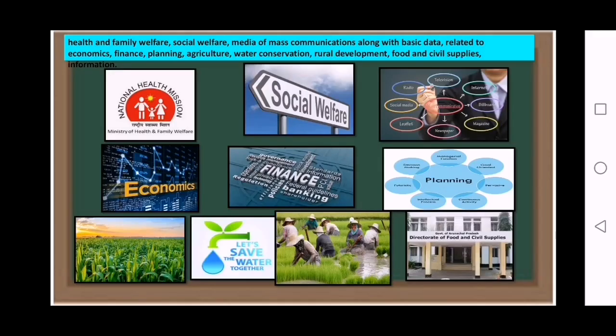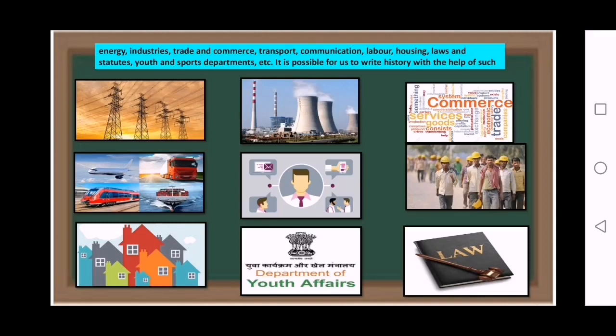Coming to another picture, health and family welfare, social welfare, media of mass communication, along with basic data related to economics, finance, planning, agriculture, water conservation, rural development, food and civil supply. The next part: energy, industries, trade and commerce, transport, communication, labor, housing, law and statutes, youth and sports department, etc.